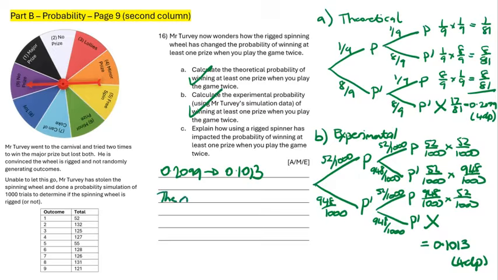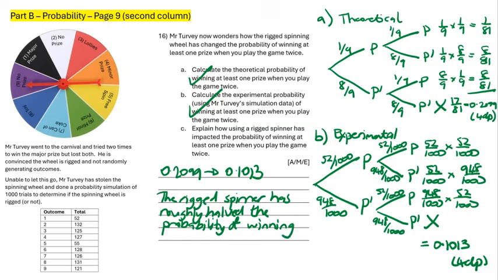So the rigged spinner has roughly halved the probability of winning one prize, or at least one prize, right?